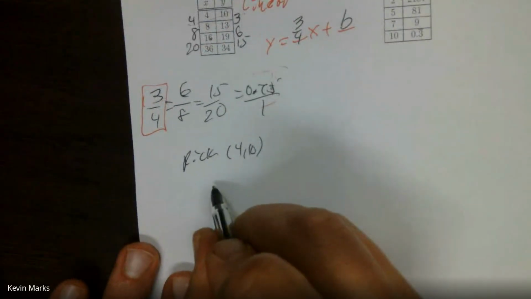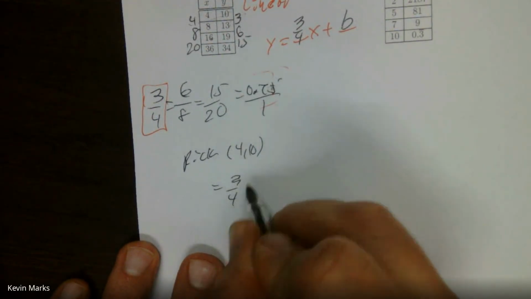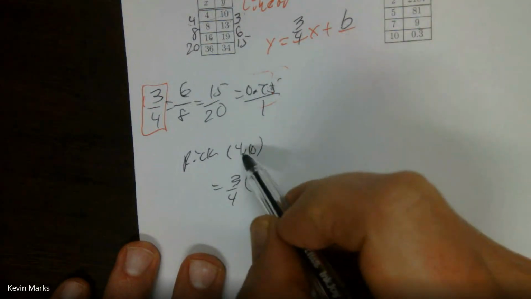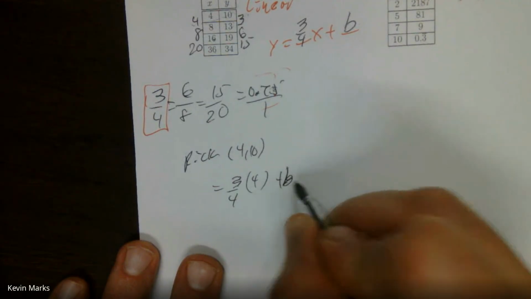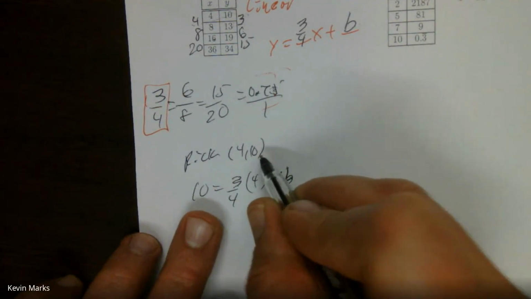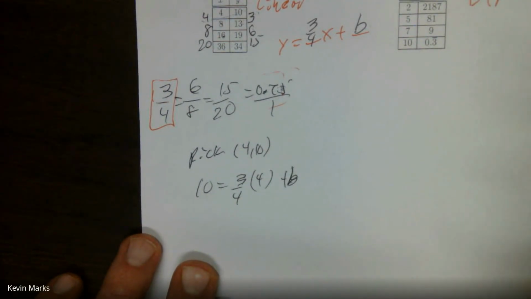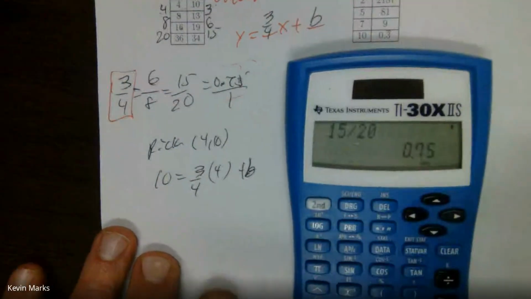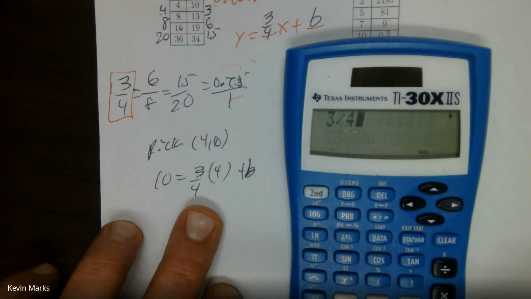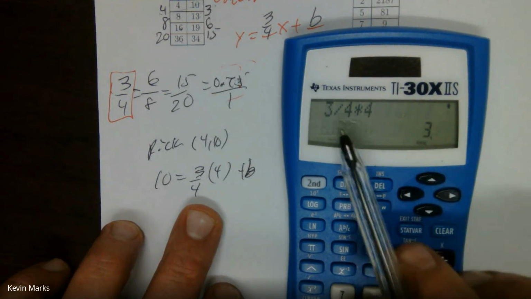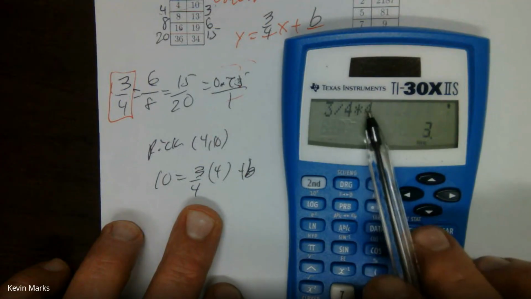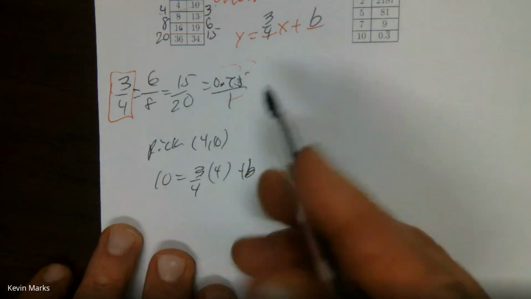So let's just say we picked 4, 10. So what this is saying is if I took 3/4 and multiplied by the x value, which is 4, I'm trying to figure out what would this magical b be so that I'm guaranteed 10 out. Right? I know, everybody picks up a calculator. All right, so I've got to do 3/4 and then multiply by 4. But oh, look, you're left with 3, right? Duh, because you divide by 4 and then multiply by 4, they're going to cancel each other.